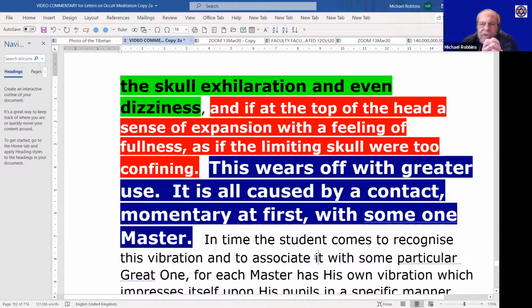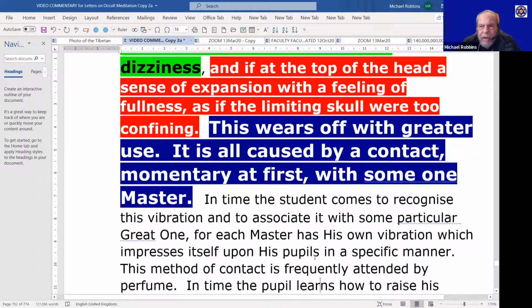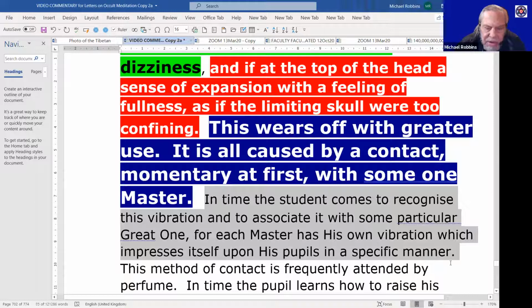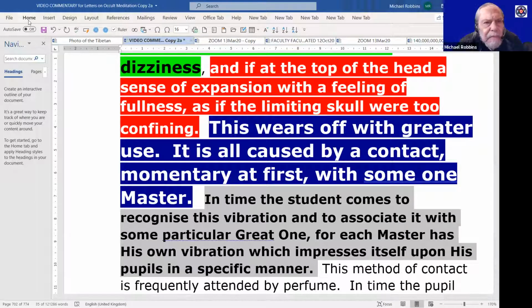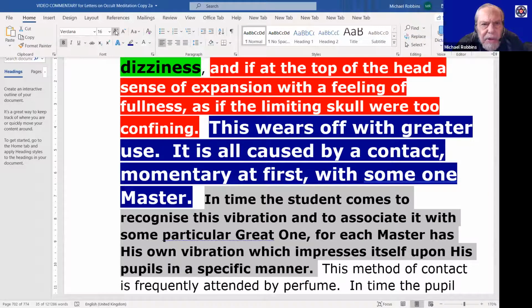In time, the student comes to recognize this vibration and to associate it with some particular great one. For each master has his own vibration, which impresses itself upon his pupils in a specific manner. That's an important statement. I'm sure Alice Bailey was very familiar with this process.